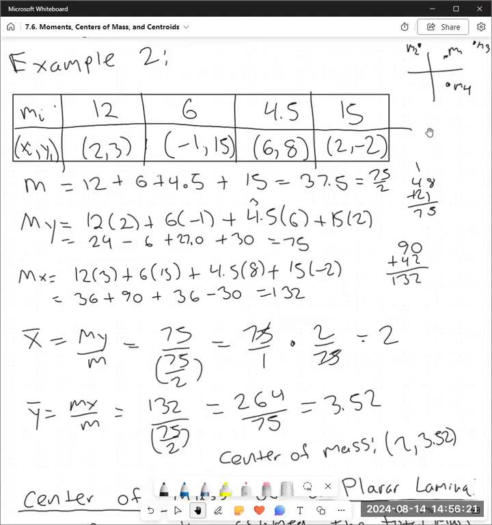I'll give you a second to look at that and come up with those numbers yourself. 12 times 2 is 24. 6 times -1 is -6. 6 times 4 is 24, plus another 3 is 27. Don't need the 0.0. And then 2 times 15 is 30.